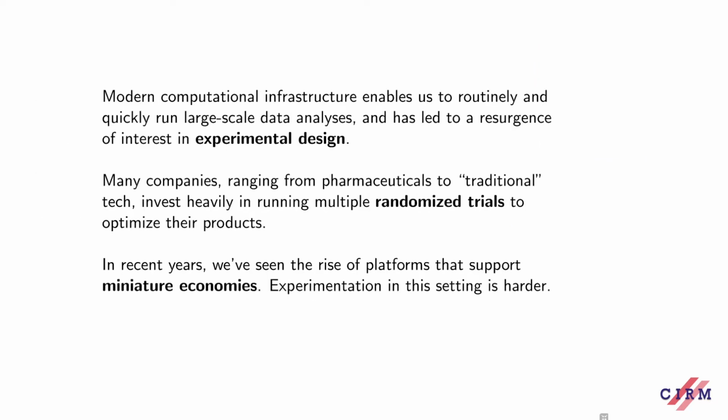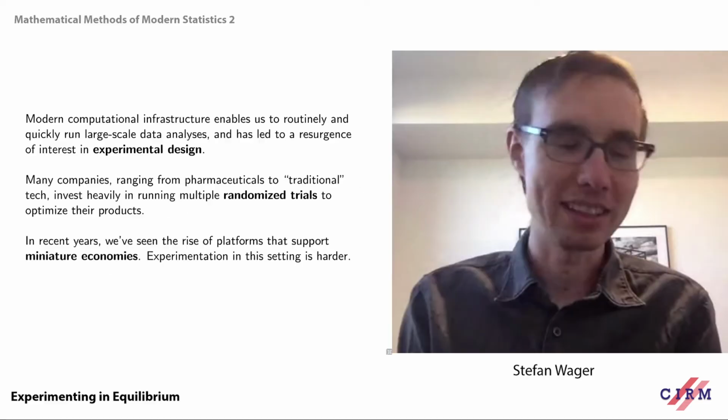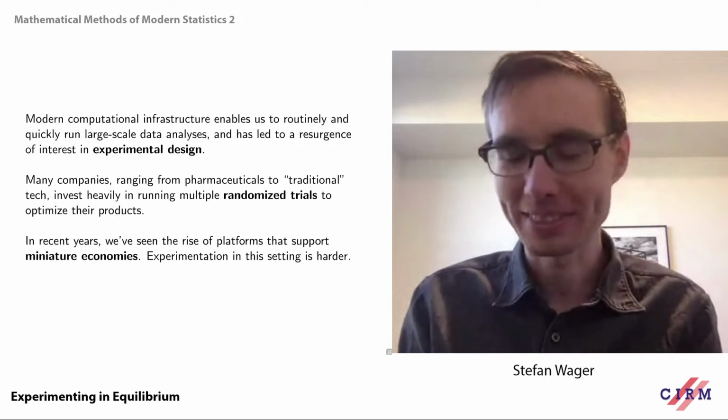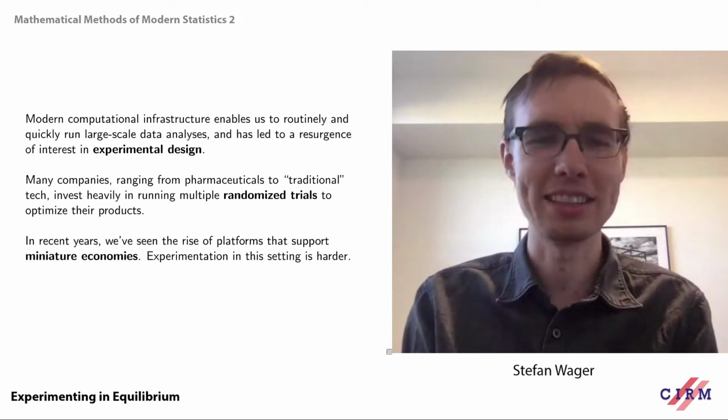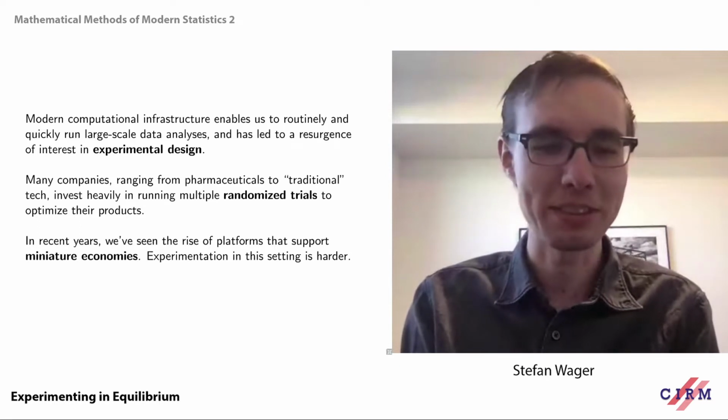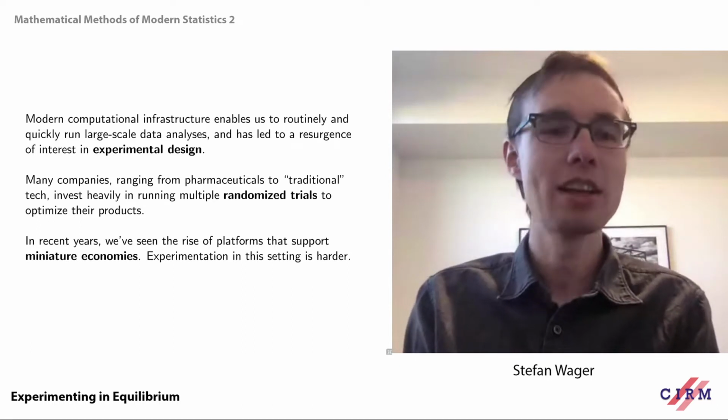But anyways, this talk, in its application context, is somewhat set in problems that come up quite often in Silicon Valley. By now, a lot of companies around here have realized that they can run randomized trials in many different contexts, and it's useful.